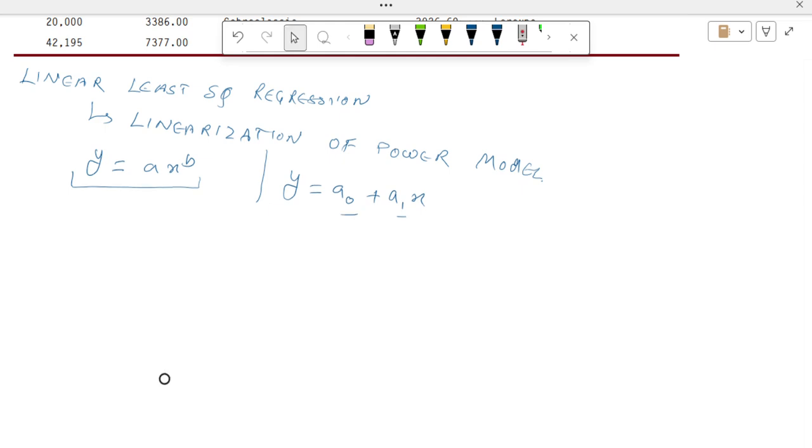So if you look at this equation, this is definitely a power function that looks like this.